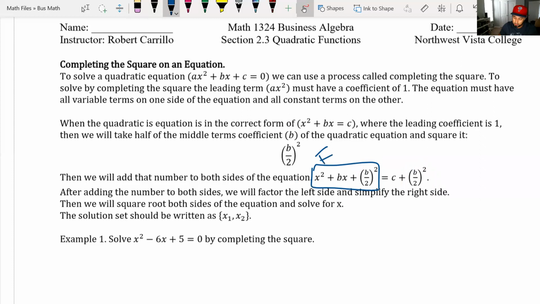So you will always factor the left side, or whatever side you have all this on, and then the right side you will simplify. Once we factor and simplify, we will then solve for x by using the square root method.